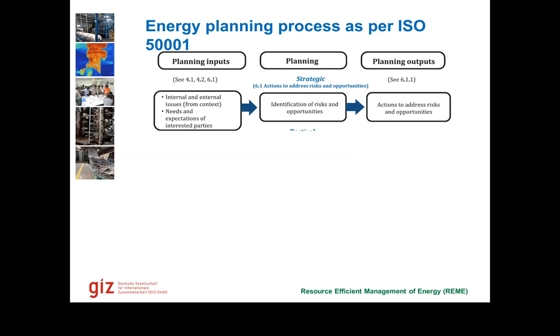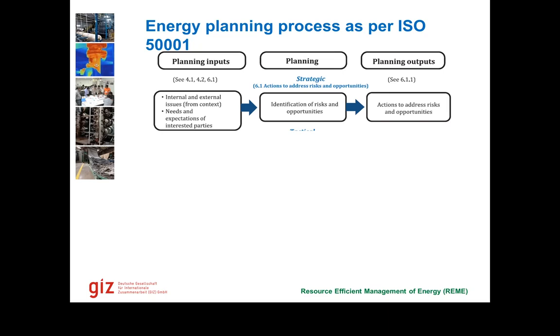For example, if there are risks of depletion of an energy source, if there are opportunities of moving towards renewable energy, or if there is an energy source whose reliability is reducing. Or if they think that there are any big brand requirements or customer requirements coming up that we need to address.